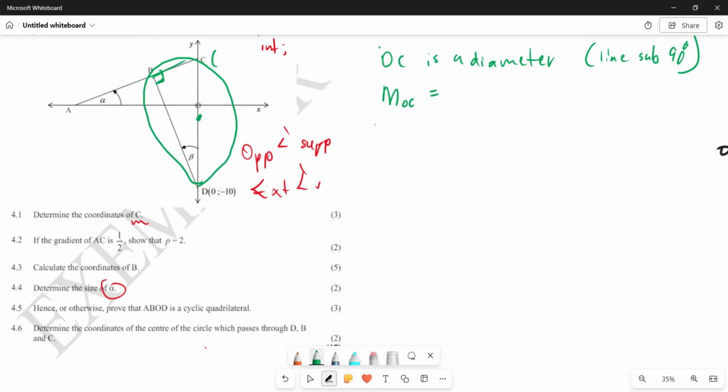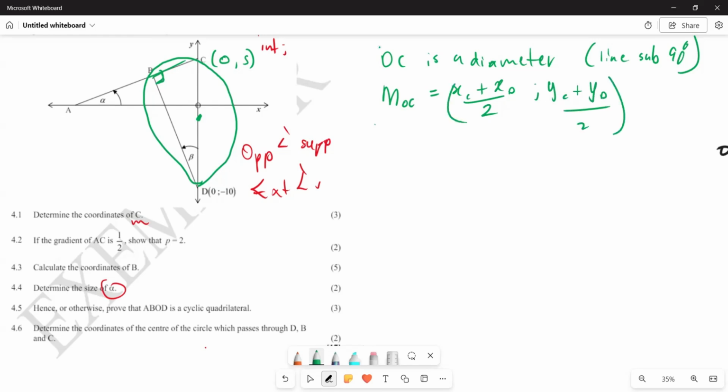And remember, the coordinates of your C was (0, 5), if I'm not mistaken, right? So this is the same as the X of C plus the X of D, divided by 2, and the Y of C plus the Y of D, divided by 2.